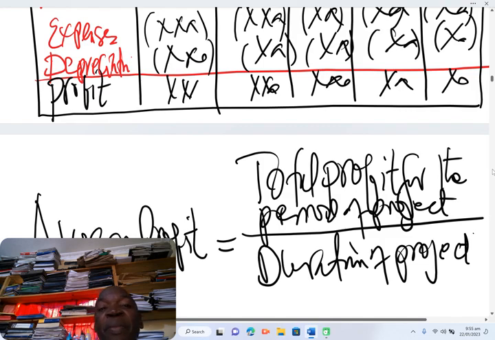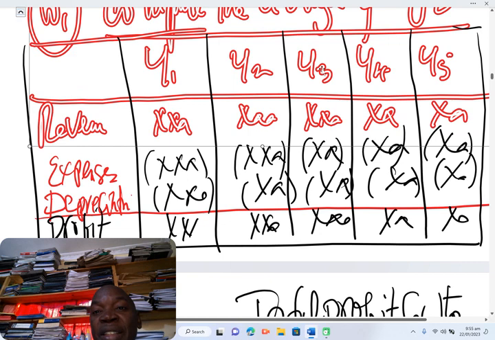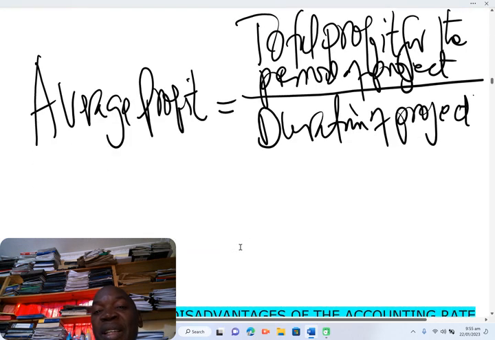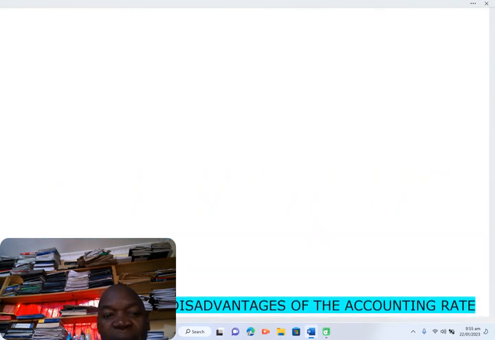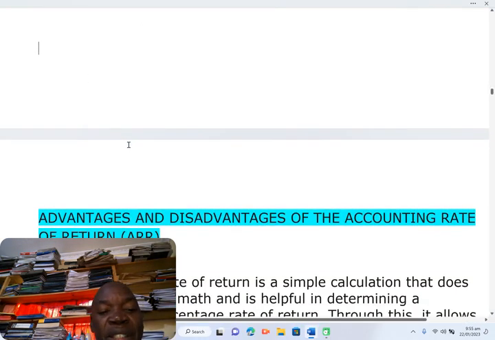So remember, it may happen that perhaps in year 3 there is a loss. So you must put negative, because it is average profit over the years. Now a problem arises in estimating the average investment.